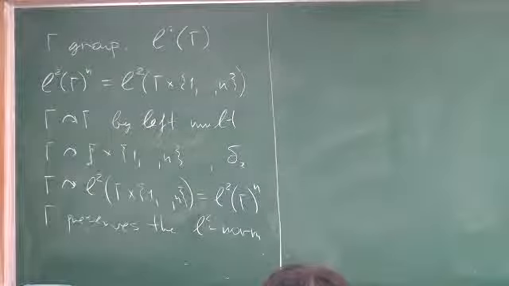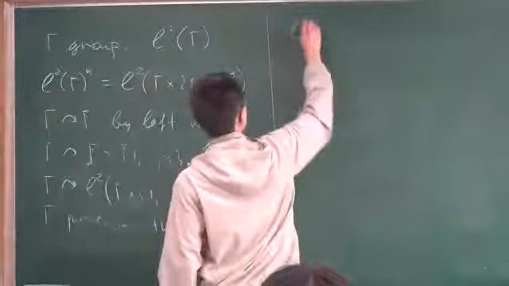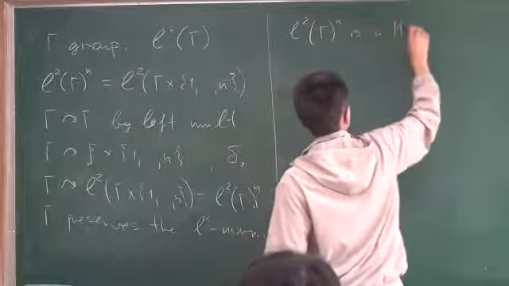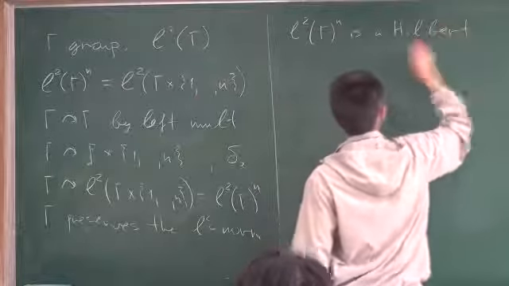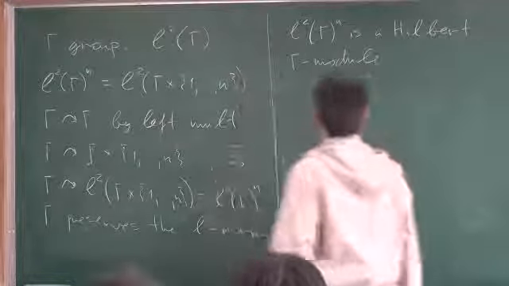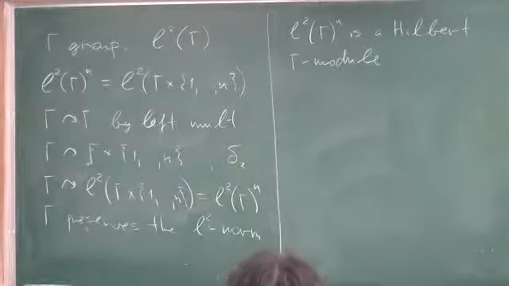So L2 gamma n is a Hilbert gamma module. That's just an example. I didn't give a general definition.